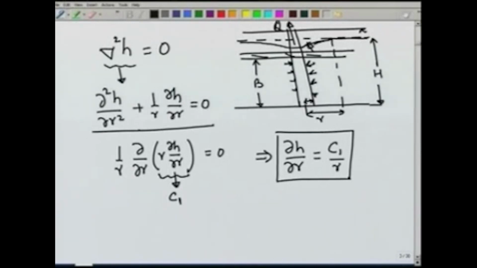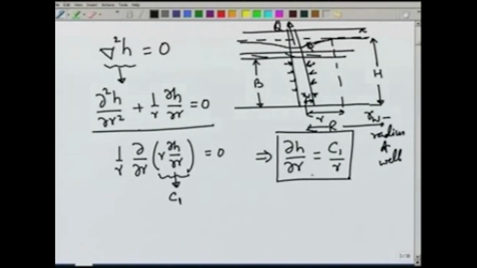The radius of the well is typically very small and denoted by R w. So, R w is the radius of well, and R, capital R, will be the radius of influence, as we have already discussed.